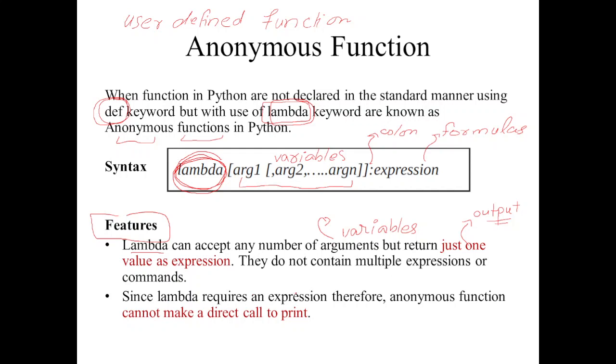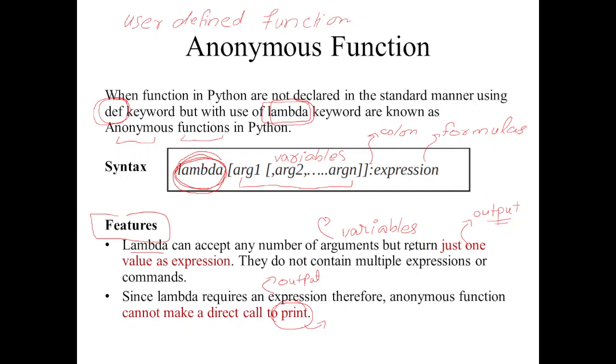Since it requires only one expression as output, it cannot be used for the print command. As we have already seen in the previous video, in other user-defined functions we can use the print keyword to show multiple outputs, but in the case of an anonymous function we cannot use multiple outputs. It will just give us one output, or return just one expression.